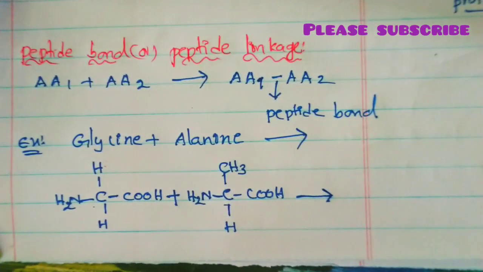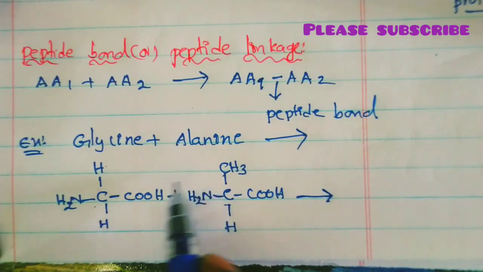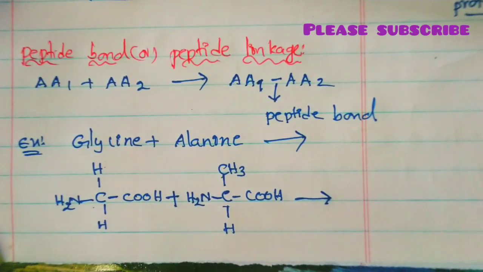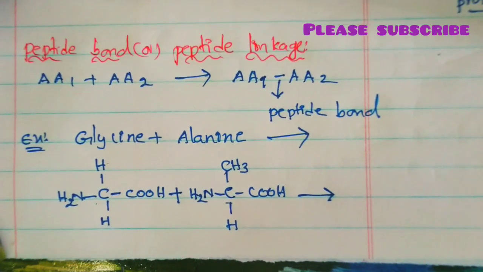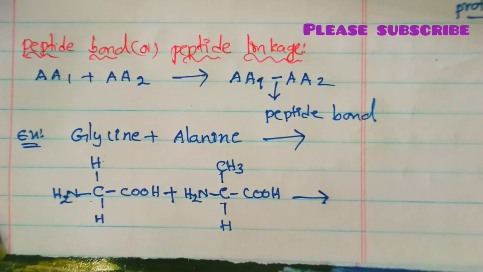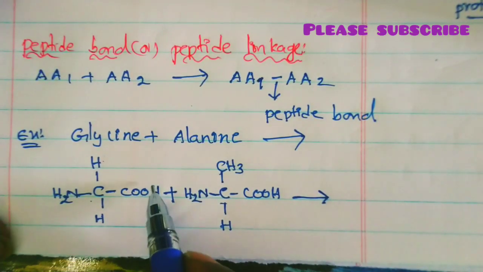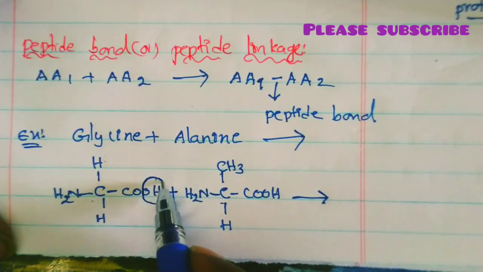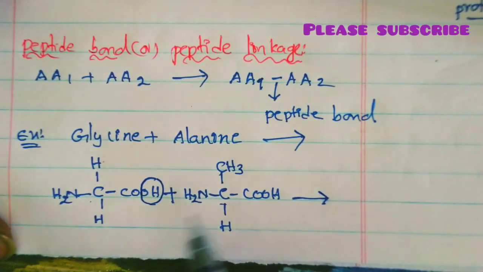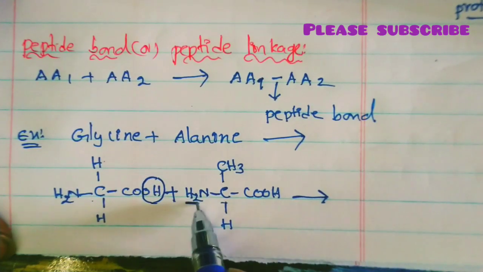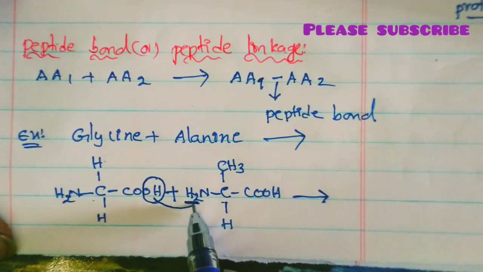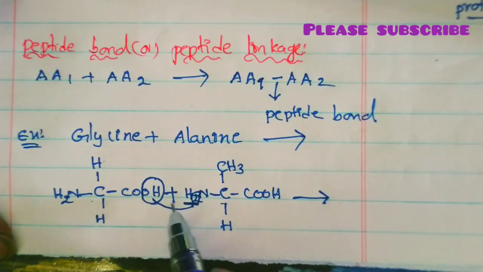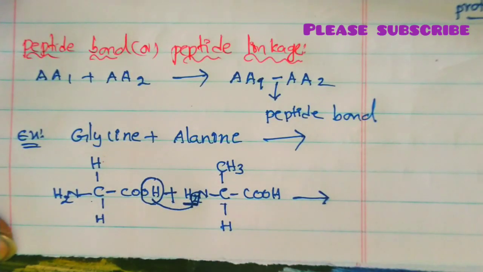So how will the chemical reaction take place between these two amino acids? By elimination of a water molecule. From carboxylic acid, you should eliminate the OH group. From NH2, you should eliminate one hydrogen. Together, you have to remove, and you will get a peptide bond.